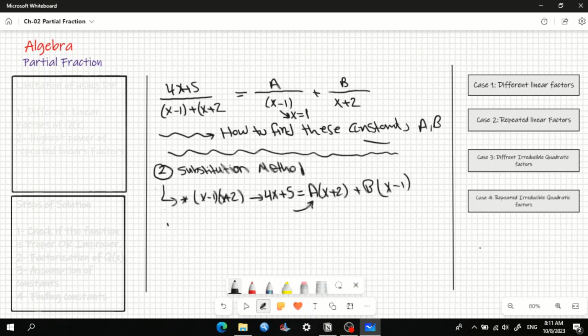So to get a, we will substitute by x equal to 1.